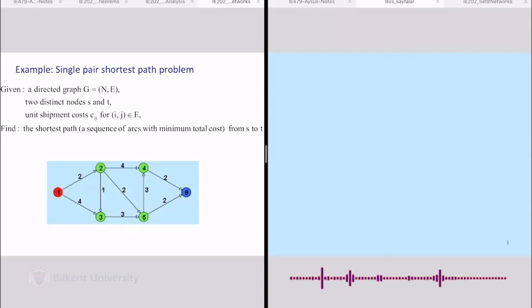So the problem is, find the path from S to T with minimum total cost. Now we will formulate this problem as an MCNFP. The network is already there, right? All you're supposed to do is come up with B values, U values, and Cij values.